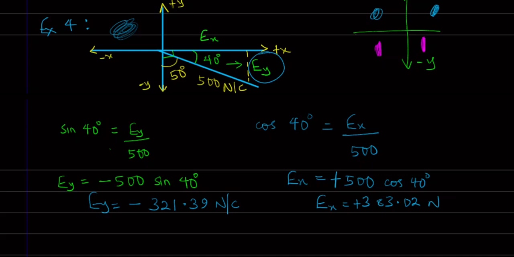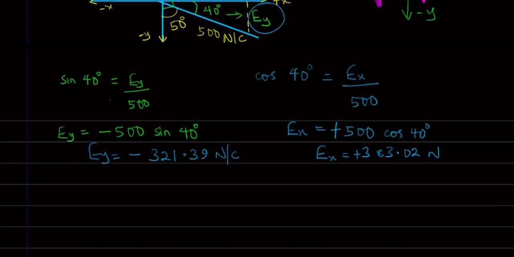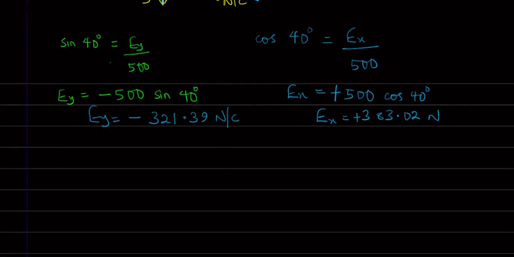It's 383.02 Newton. So we have looked at the resolution of vectors into its components, that is vertical and horizontal components. We're able to solve for the horizontal and vertical components of the vector, provided that we are given the original vector and its direction theta.